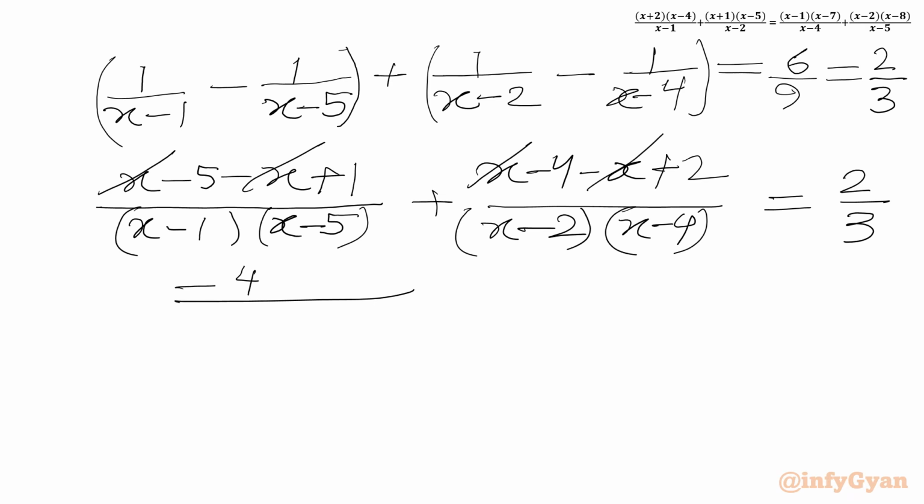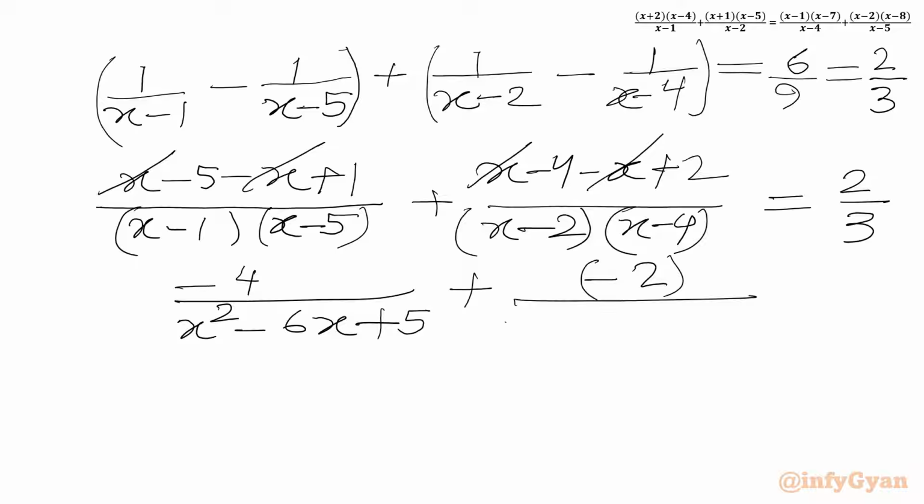Minus 5 plus 1 is minus 4 over. Let's multiply these two brackets. x square minus 5x minus 1x minus 6x plus 5, plus minus 4 plus 2, minus 2, over x square minus 6x plus 8 will be equal to 2 over 3. Now we will divide this equation by 2.